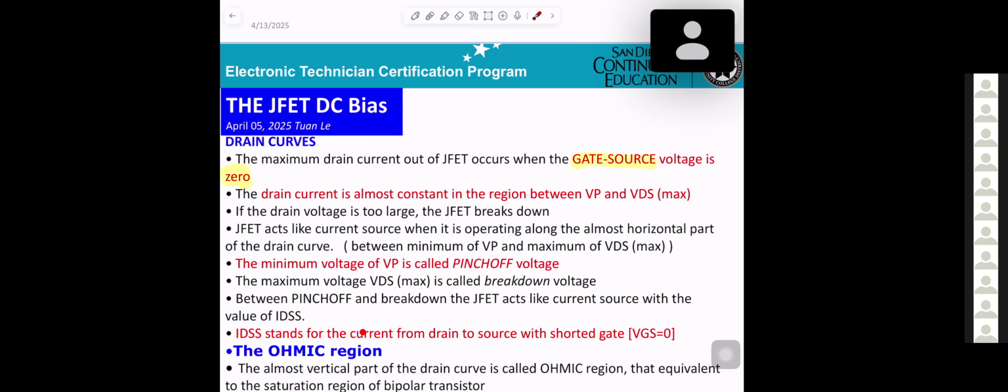IDSS stands for the current from drain to source with the source gate VGS equal 0. Make sure you understand. Every time you say ID equal IDSS, that will be telling you VGS equal 0.